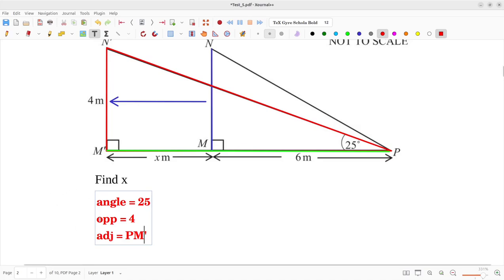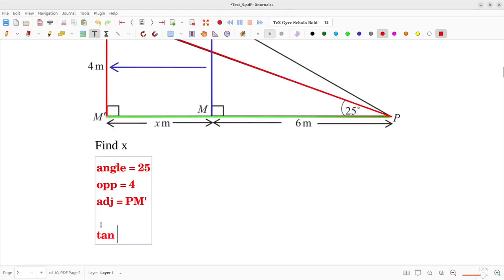You have your OA, which means that's the tan theta. So your tan 25 degrees is equal to the opposite, which is 4 divided by PM prime.